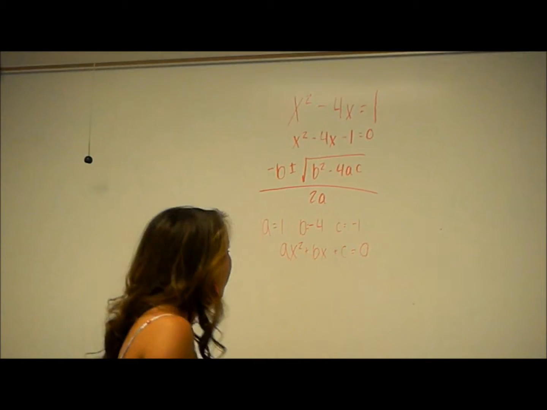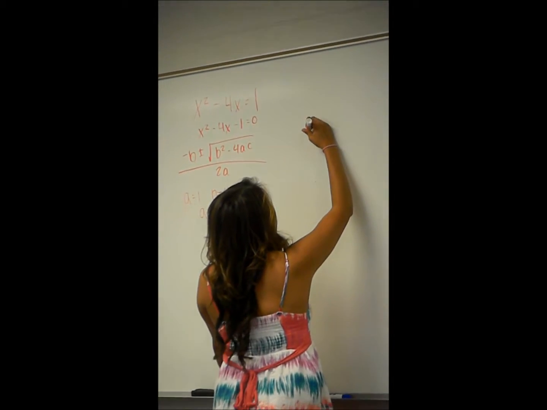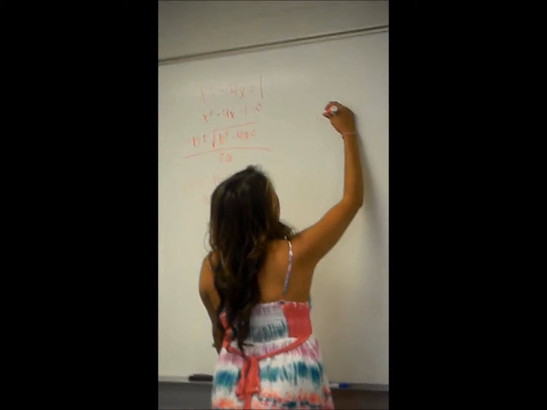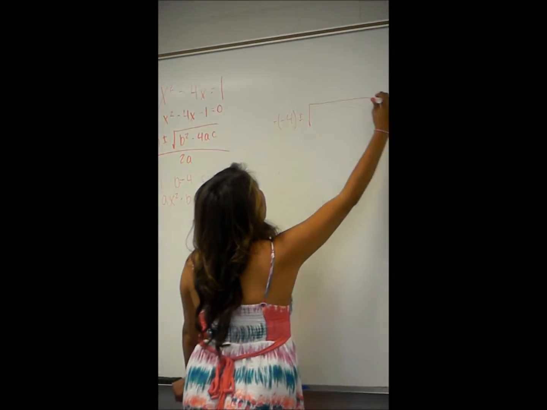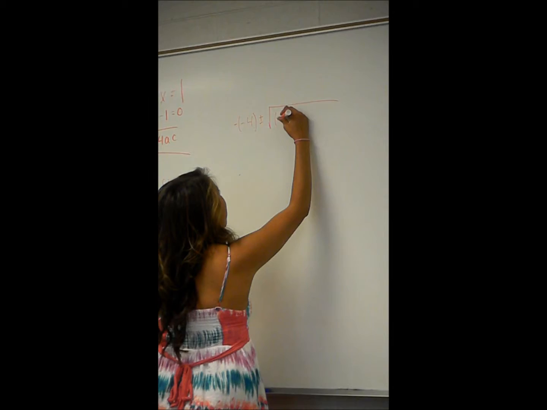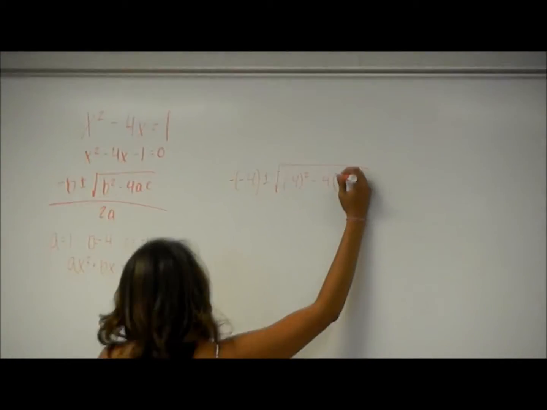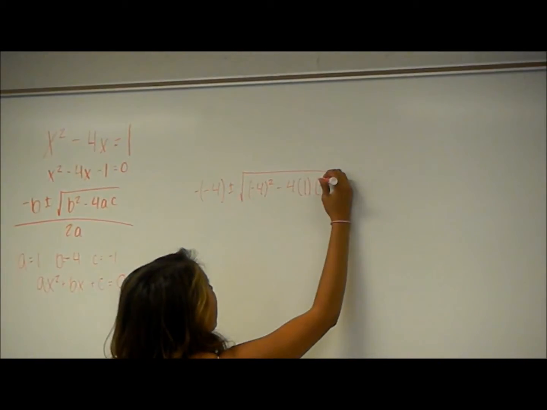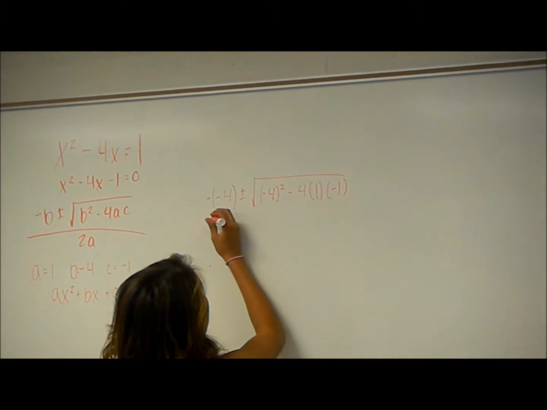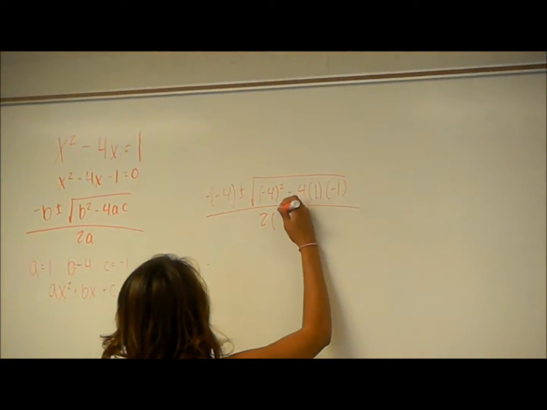So from there, we have the opposite of b, so that will be the opposite of negative 4 plus or minus the square root of negative 4 squared minus 4 times 1 times negative 1, divided by 2 times 1.